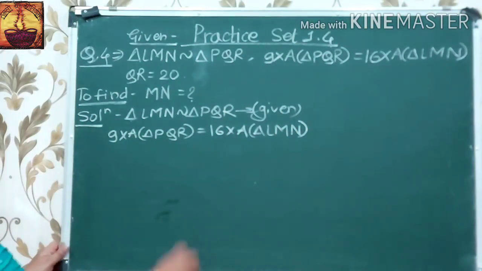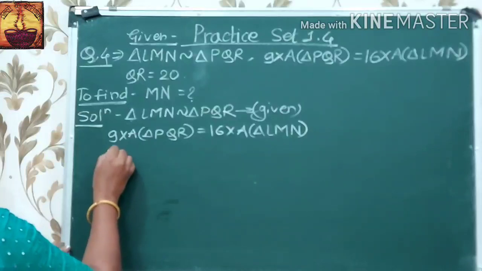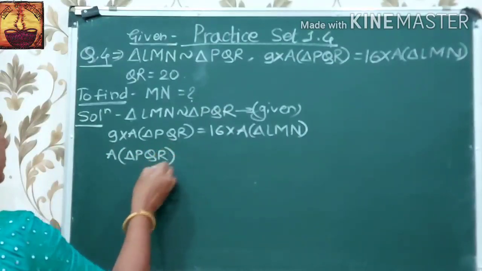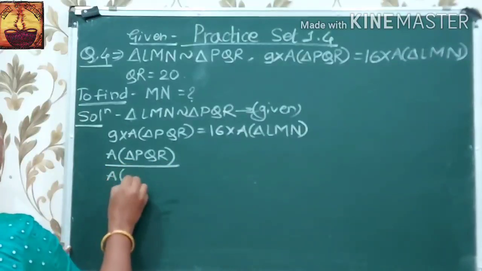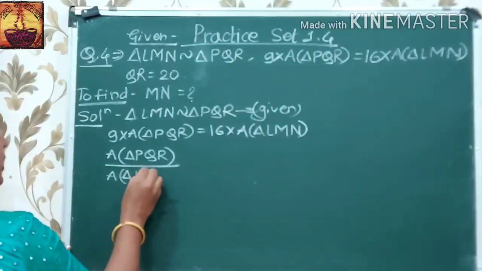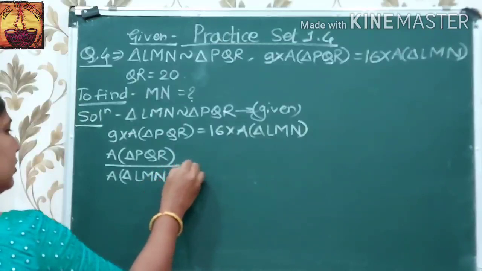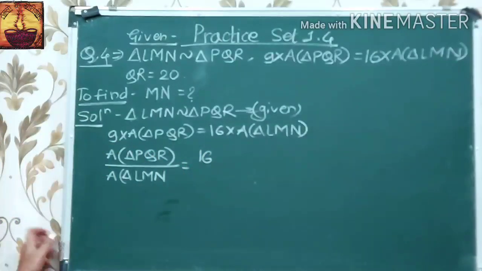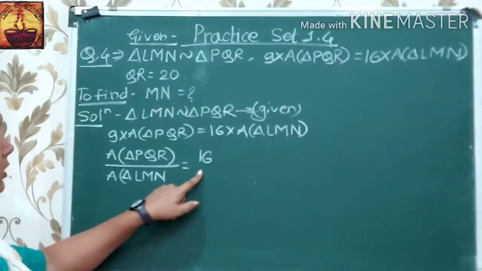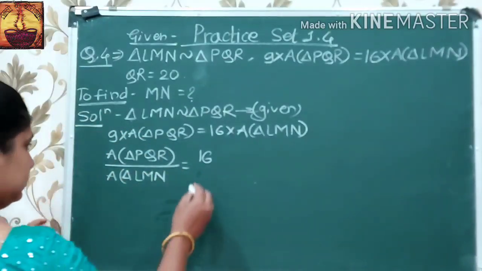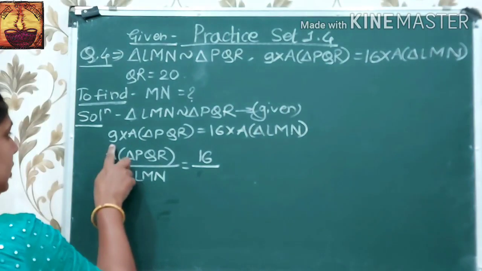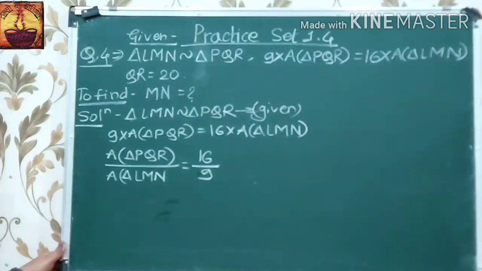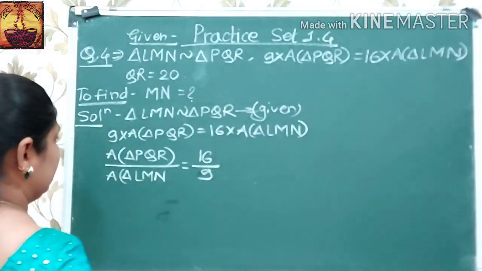If we write their areas in ratio, area of triangle PQR upon area of triangle LMN, we have here 16 and 9 in multiplication. Therefore, after taking it to the right hand side of this equation, the multiplication will come into the denominator, 16 upon 9.